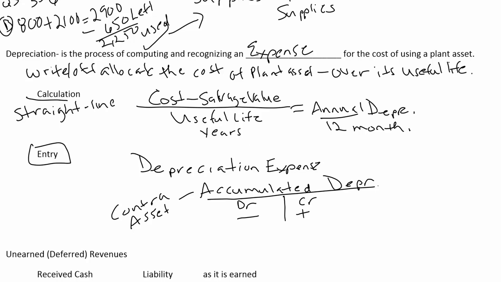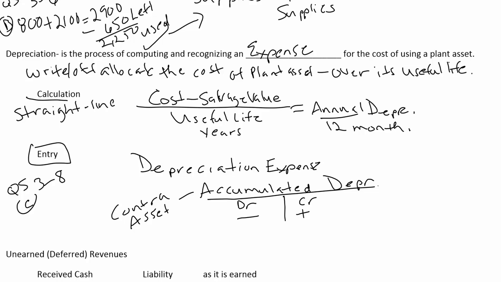Let's look at a quick problem, quick study 3-8C. It says the company has only one fixed asset, equipment, that was purchased at the start of the year.